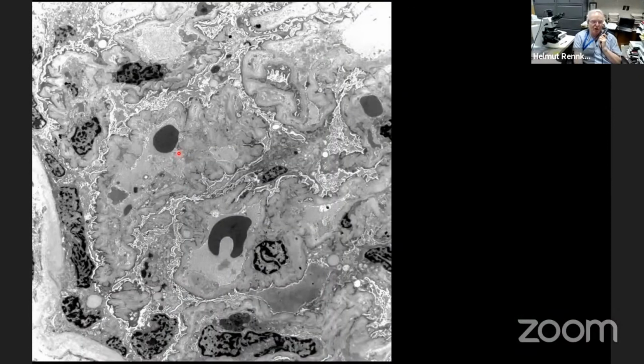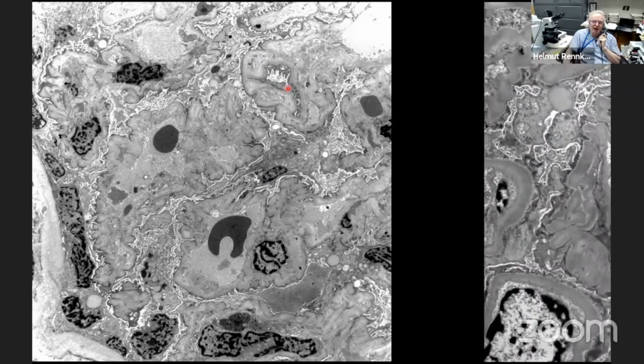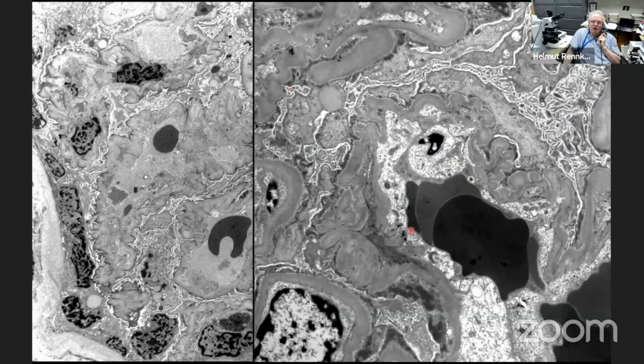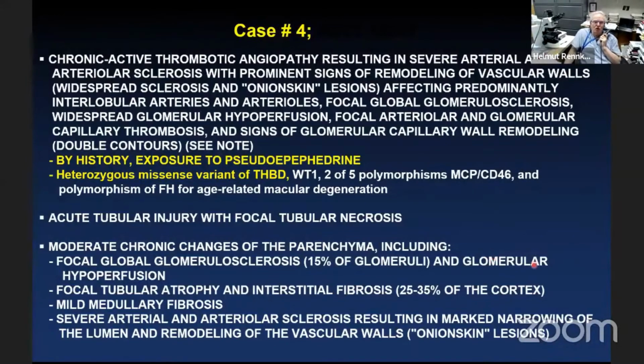The electron microscopy in this particular case was mostly hypoperfused glomeruli. You can see the wrinkling of the capillary wall, and many of the capillaries had widening of the subendothelial space and remodeling of the capillary wall with swollen endothelial cells and entrapment of the red cells.